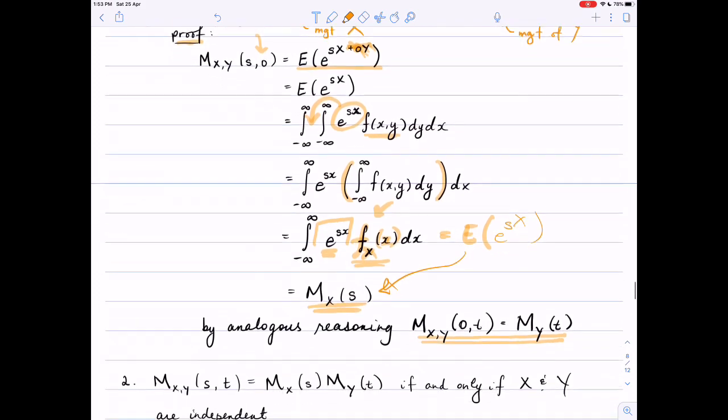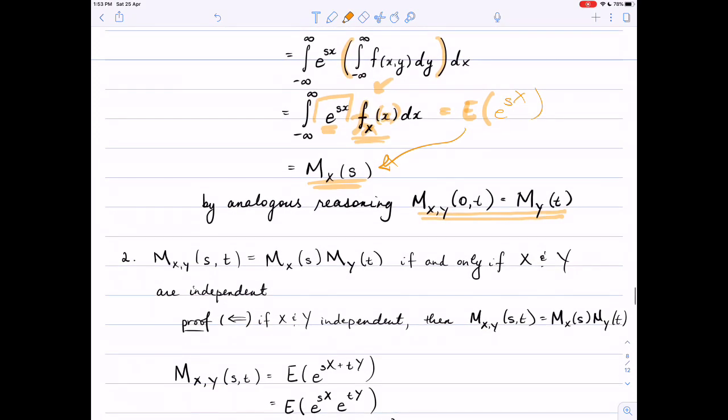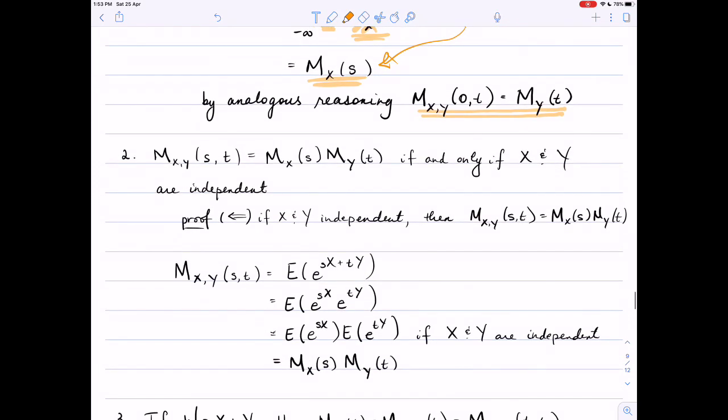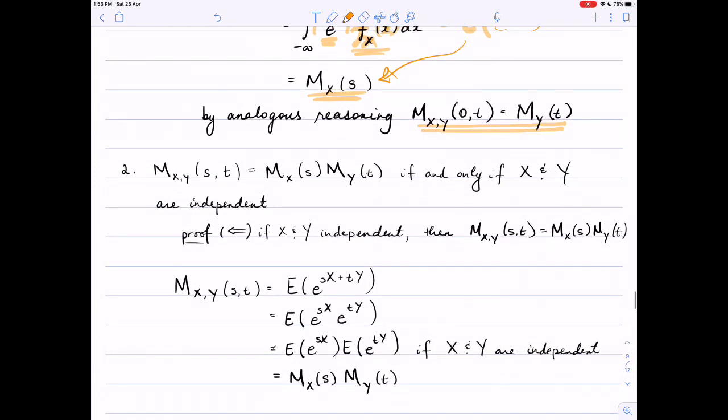So that's the first property, the marginals. The second property is related to something that we saw as well with joint distributions, and that is if the x and y are independent, well, something nice happened. We had this property, right?